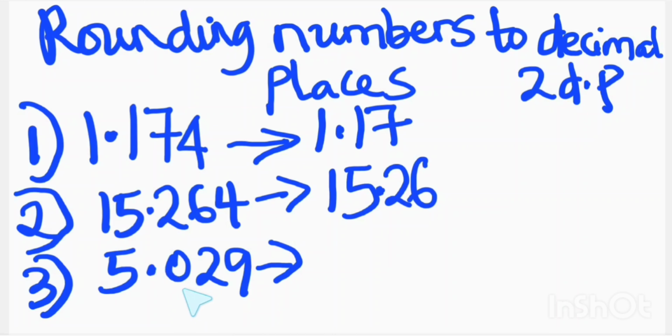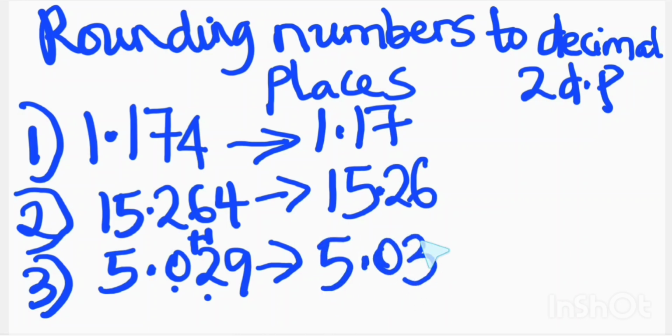This is the decimal point. 1, 2. Okay? But in this case, the number following where we're supposed to stop is up to 5 and above. In fact, it is above 5. So we're going to add 1 to the number before. So we'll have it as 3. Therefore, our answer here is 5.03.